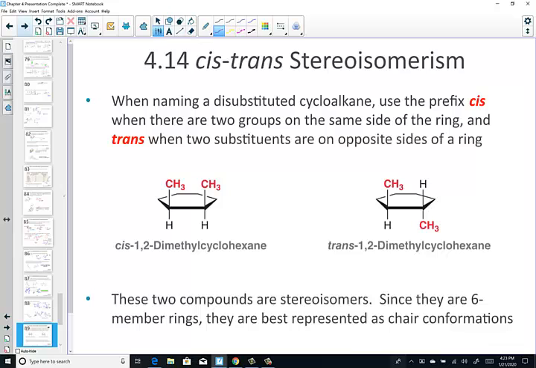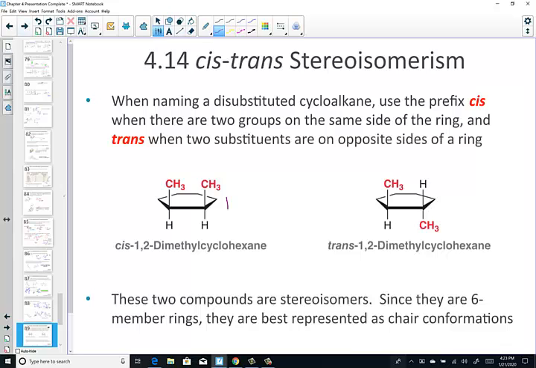In cis-trans stereoisomerism, again, I said these are stereoisomers because their atoms are bonded in the same order, which is different than a constitutional isomer, which is bonded in a different order. These are bonded in the same order, but just attached in a different spatial arrangement.